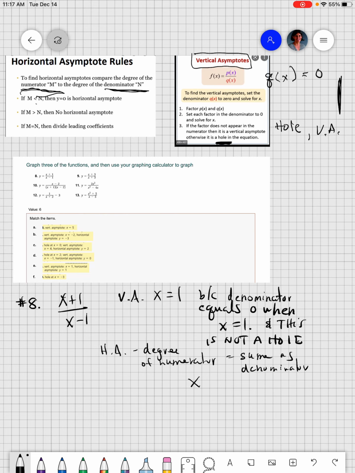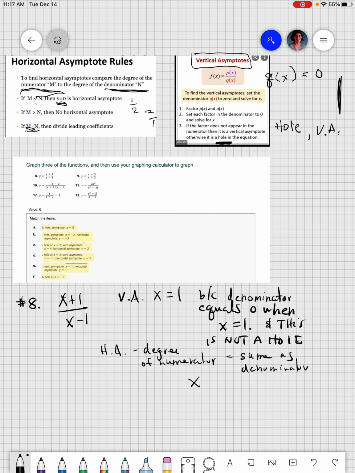So let's say the numerator is 1 and the denominator is a degree of 2, that would be less. Then y equals 0 is my horizontal asymptote. If the degree of the numerator is greater, so say like 2 over 1, then there's no horizontal asymptote. And if they equal each other, then the leading coefficient is going to be the asymptote, and we're going to see that example in just a second.